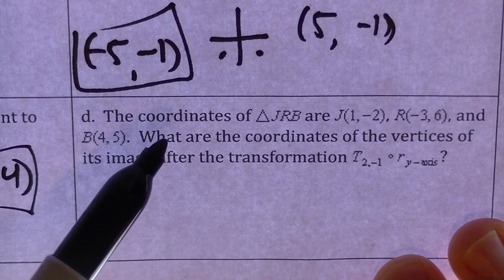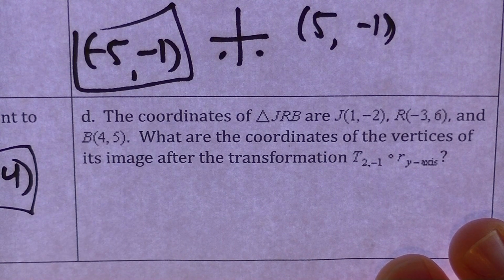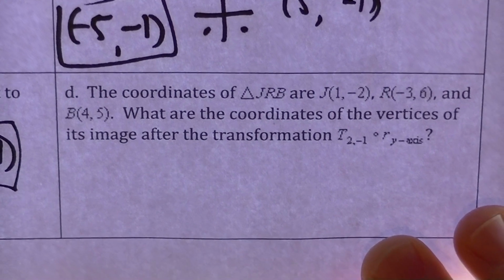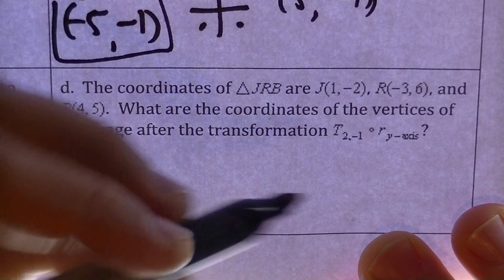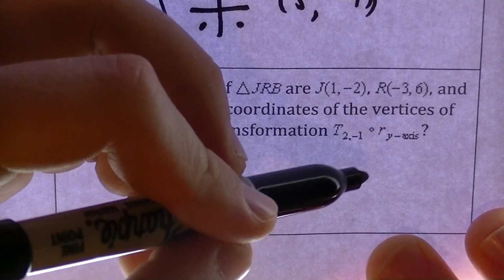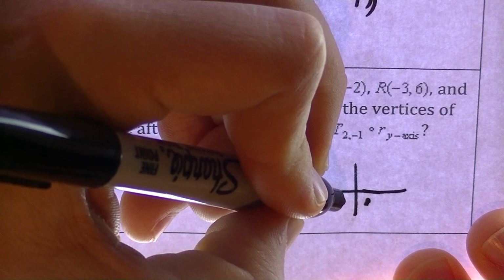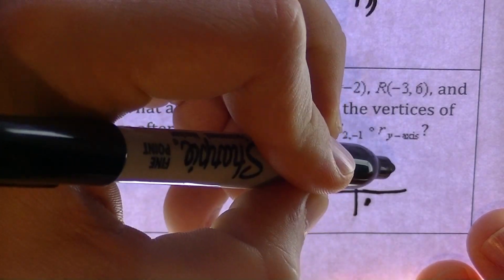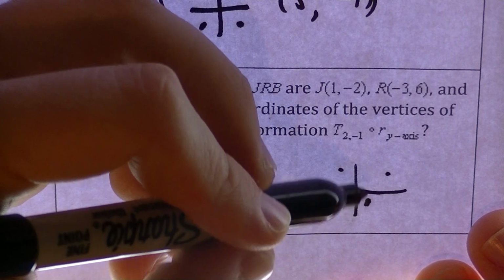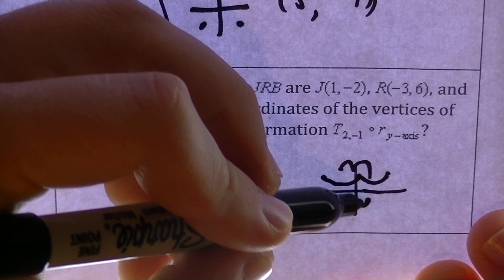The coordinates of triangle JRB are (1, -2), (-3, 6), and (4, 5). What are the coordinates of the vertices of its image after the transformation? First a reflection over the y-axis, and then a translation (2, -1). Reflection over the y-axis means this guy goes here, this guy goes here, and this guy goes here.